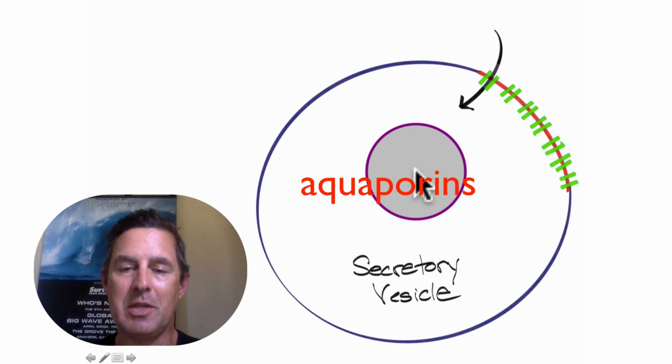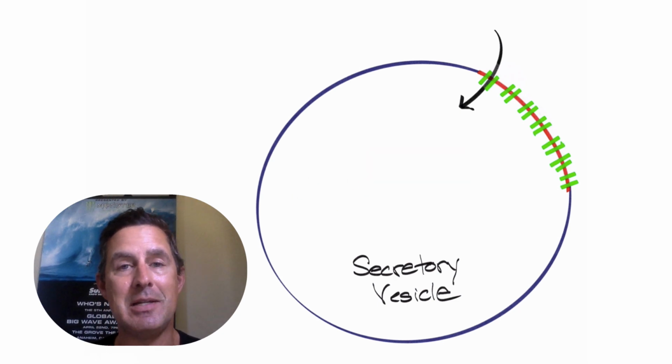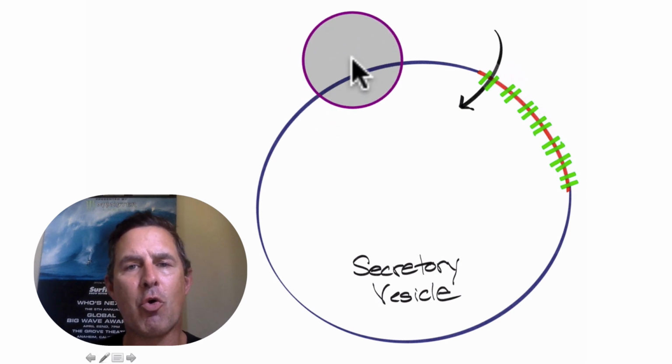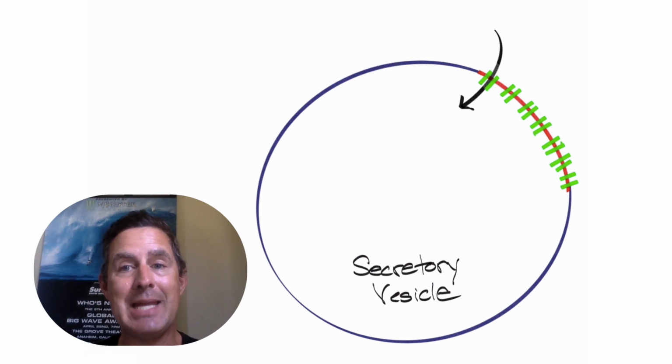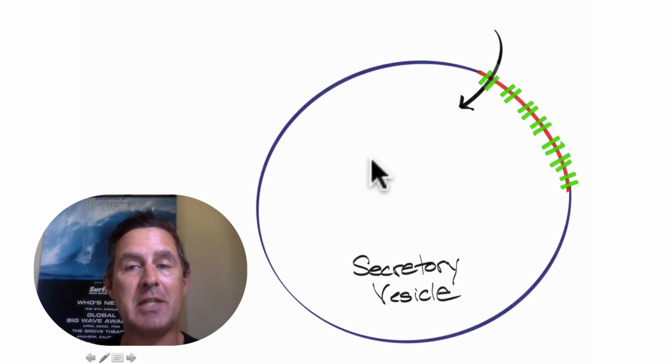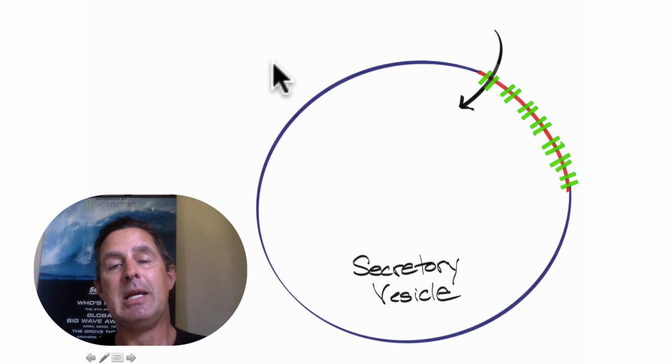We see this within the nephrons, the structural unit of the kidney, which we'll talk about in detail in a later video. It is the hormone antidiuretic hormone, or ADH, which facilitates exocytosis, placing these water channels, aquaporins, into the cell membrane.